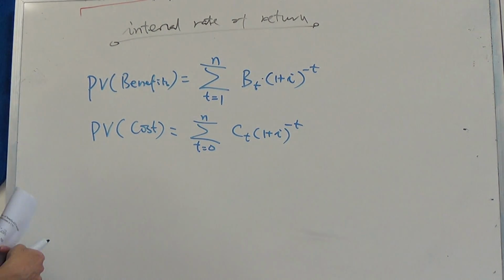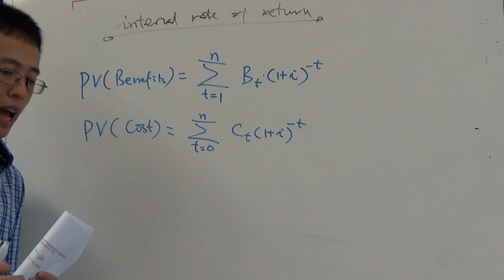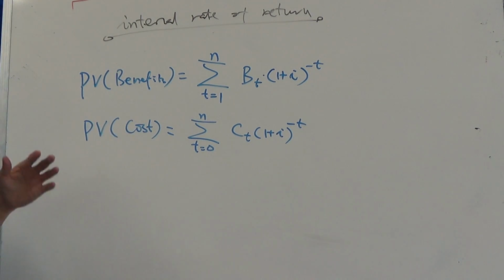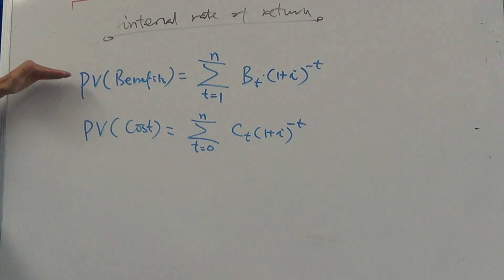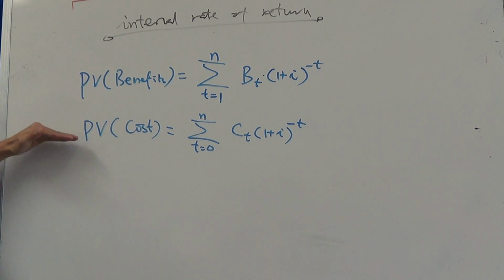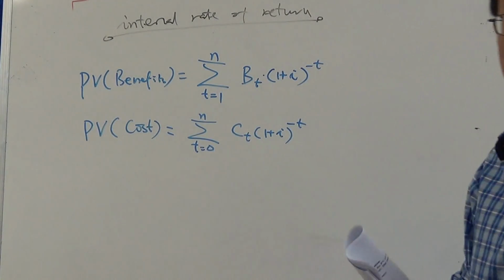Okay. So what is the internal rate of return? Internal rate of return is the discount rate I such that present value of benefit is equal to present value of costs. That's the definition of internal rate of return.